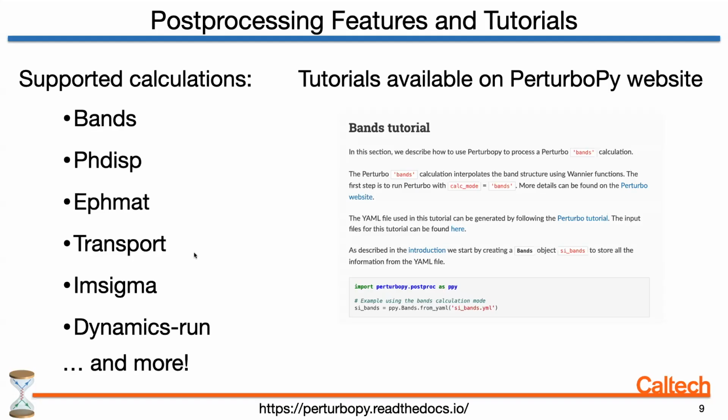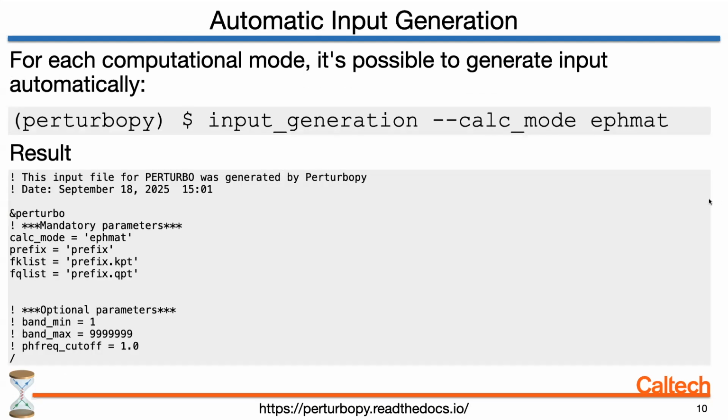Okay, so the next two important parts of PerturboPy are the test suite, which was mentioned briefly earlier, and the input generation. Let's start with the input generation because it's a bit simpler. For each computation mode, you have an input file which you need to fill in.